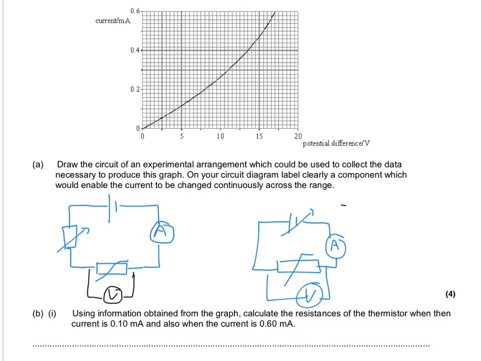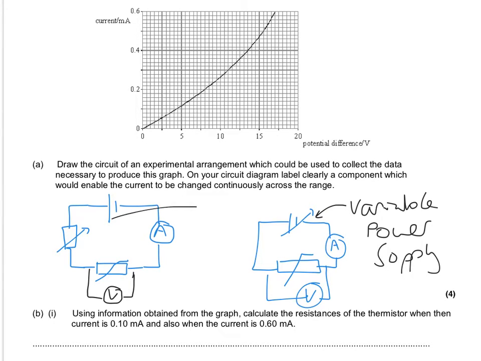So in terms of labeling the component that would allow you to change the current, in this circuit you would have labelled the variable power supply. In this circuit you would label the variable resistor.